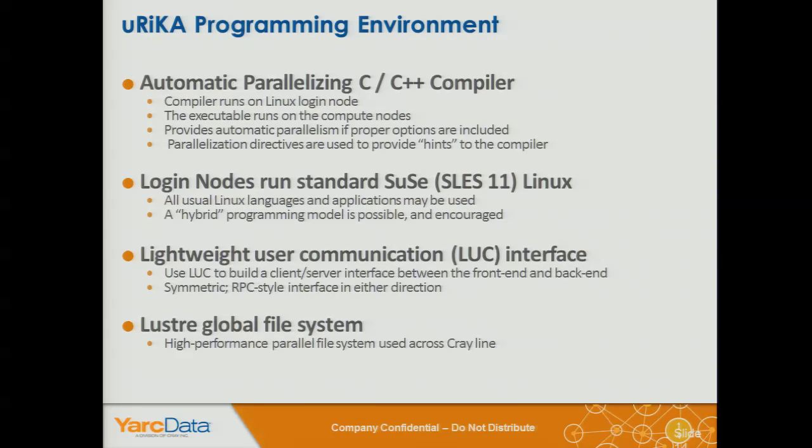You can turn parallelization on or off using compile time flags. And then there are also directives that are used to provide hints if you know more about the problem than the compiler does. So you have quite a bit of control over the parallelization. But usually you try to do as little as you can and let the compiler do the work of parallelizing.